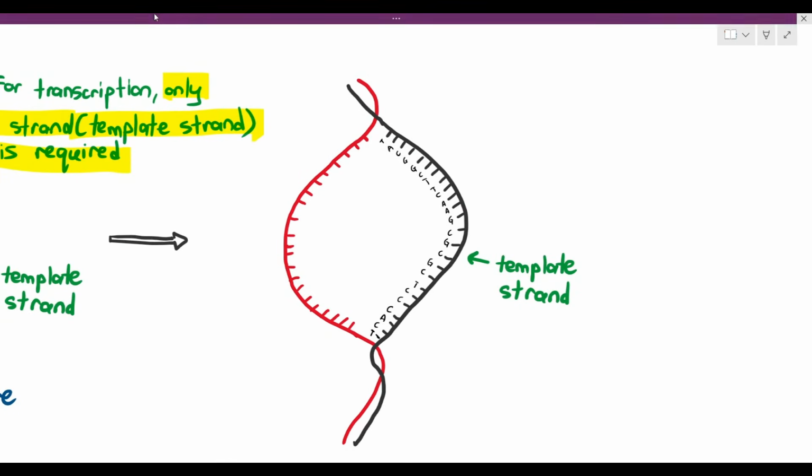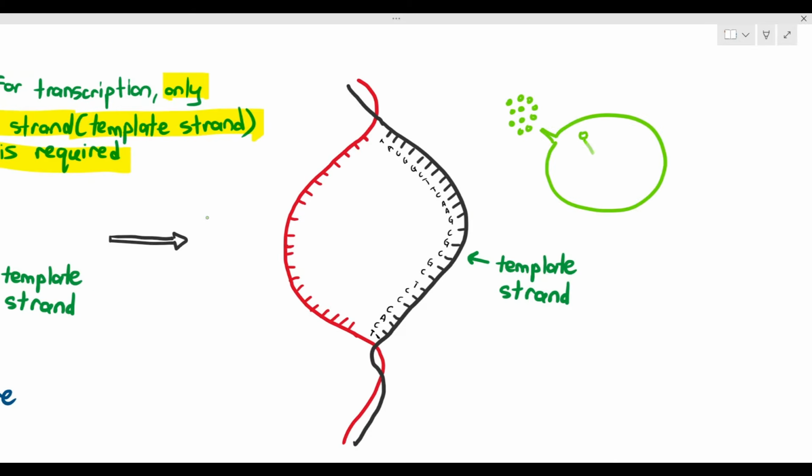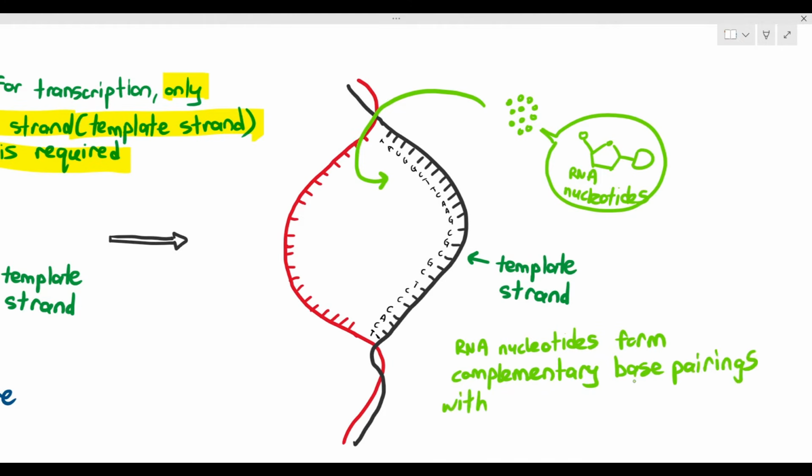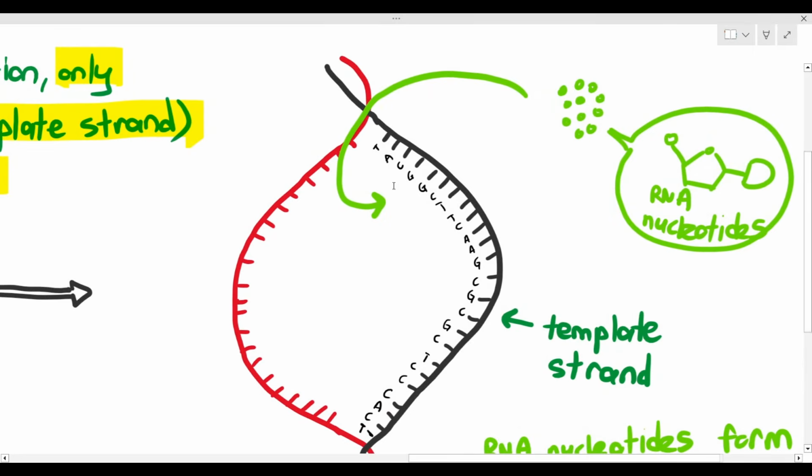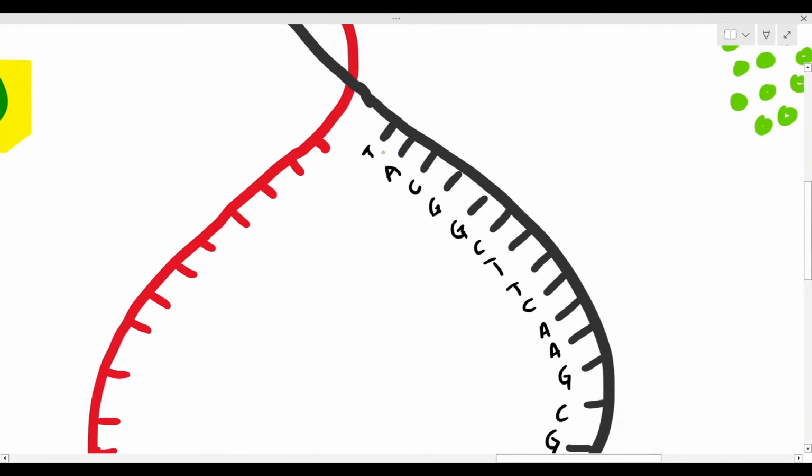When the base sequences on the template strand are exposed, what needs to happen is RNA nucleotides will go towards the template strand and form complementary base pairings with them. So remember, when RNA nucleotides form complementary base pairings, RNA nucleotide A will pair up with the template T, but if the template has a base known as A, the RNA nucleotide has to be uracil or U, because remember, RNA nucleotides do not have thymine, they have uracil instead.